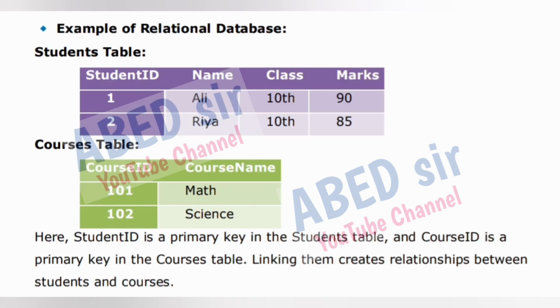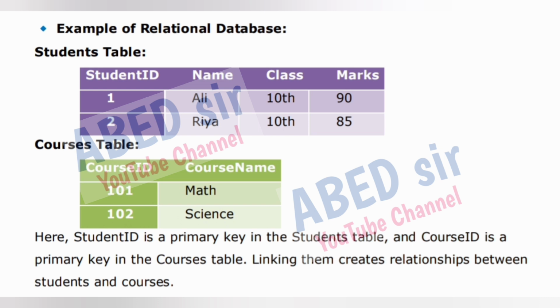Example of a relational database. Students table: student ID, name, class, marks. 1, Ali, 10th, 90. 2, Ria, 10th, 85. Courses table: course ID, course name. 101, Math. 102, Science.